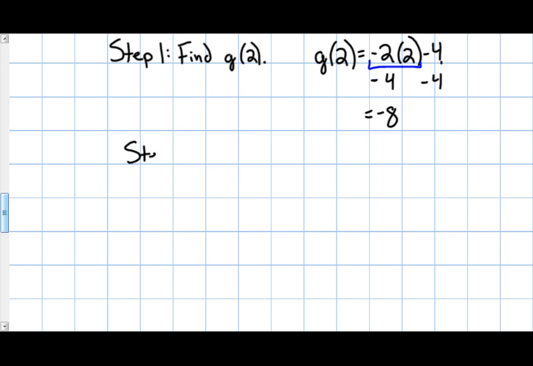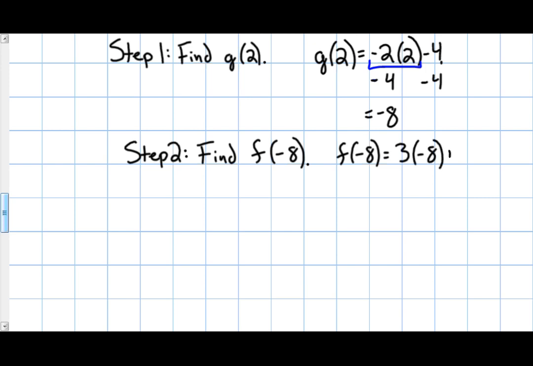So now I take that and I plug it into the outer one, or F of negative 8. So I know that F of negative 8 equals 3 times negative 8 plus 2.